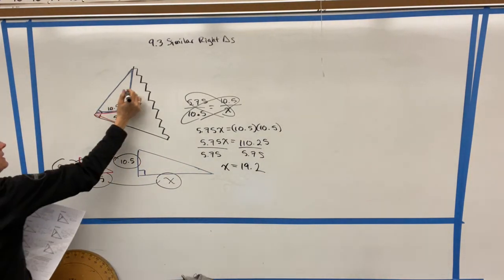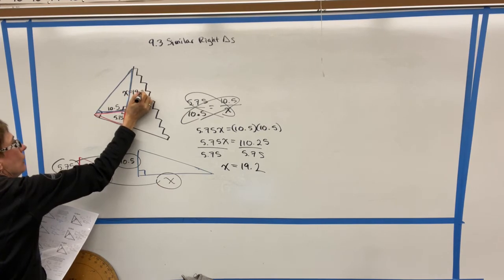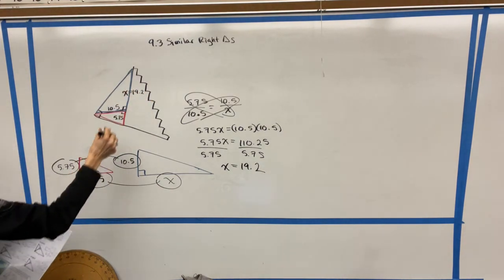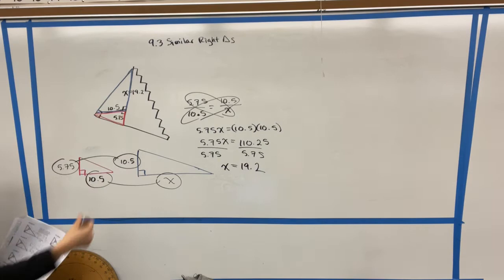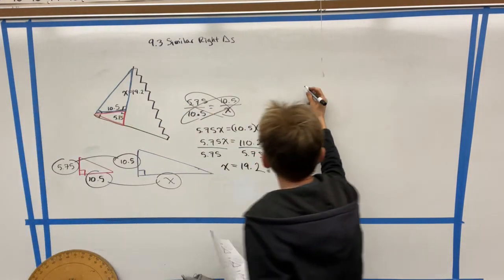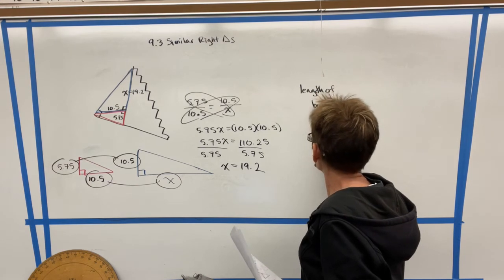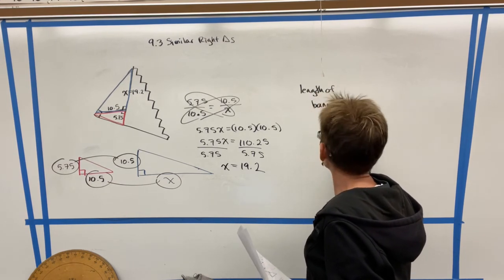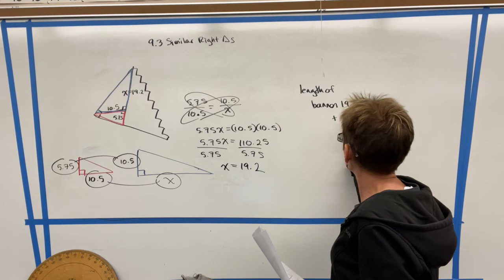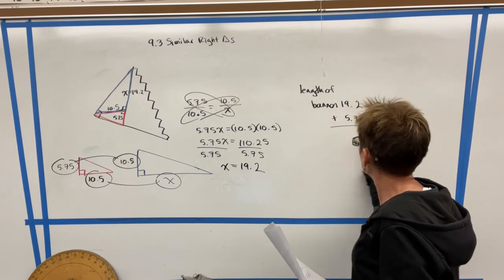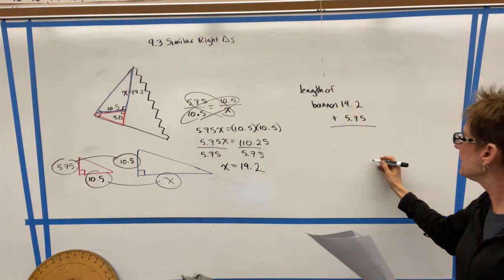So that would be this length right here. Now notice that the banner could run the whole length of the grandstand. So the length of the banner could be 19.2 plus 5.75. We want to line up our decimals there.